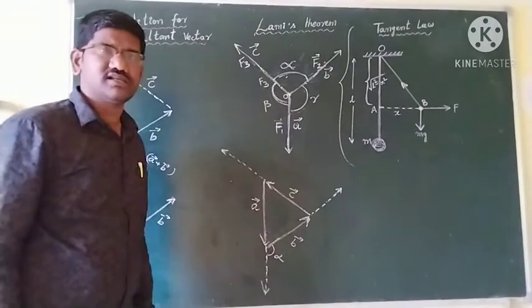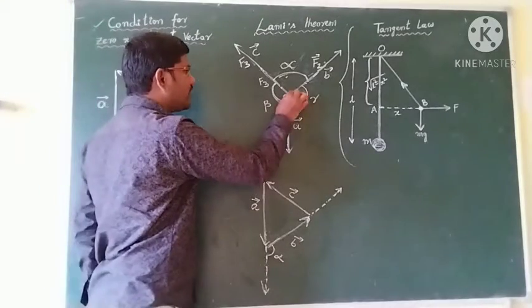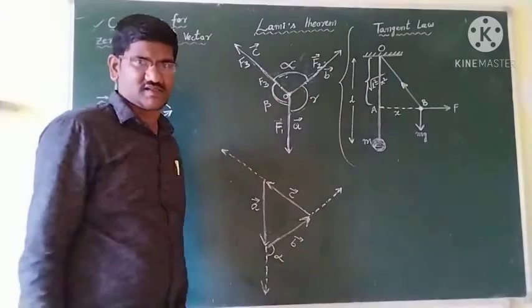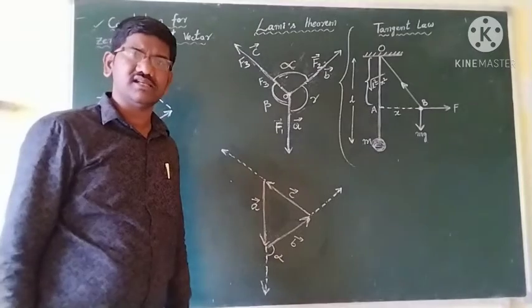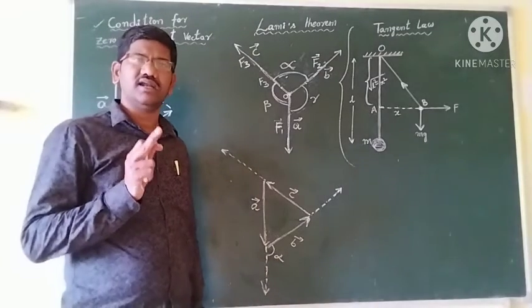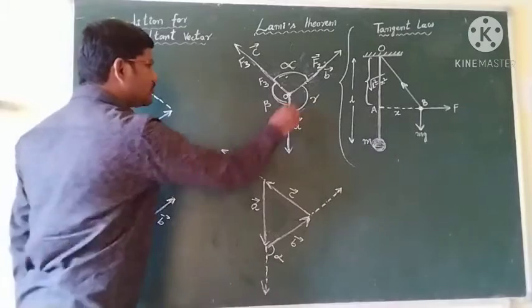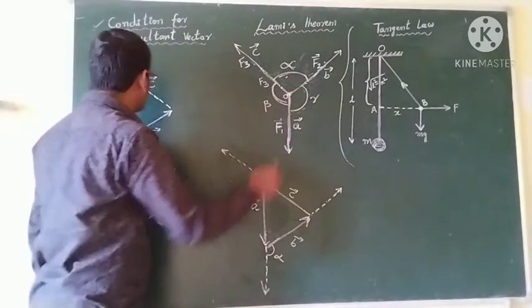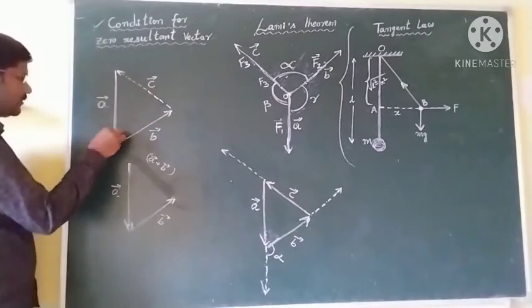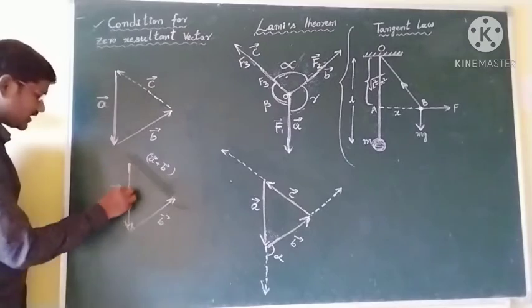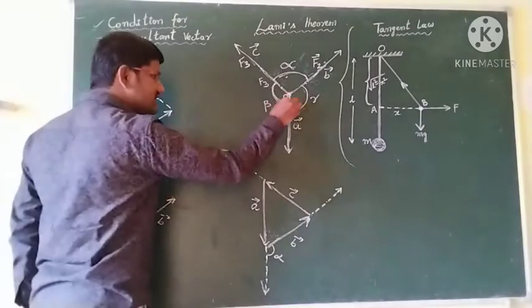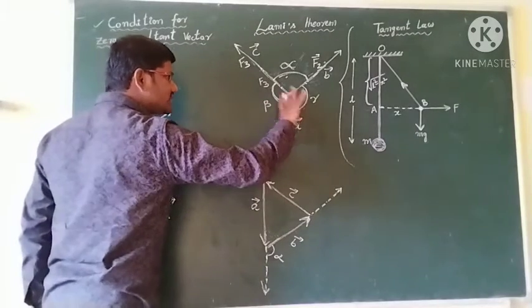Okay, students, so three forces are acting on a particle and the particle is at rest. Then those three forces can be represented along the three sides of a triangle. So, my dear students, this is the first vector A bar. I am taking the first vector A bar as it is. I did not change the direction and I did not change the magnitude.